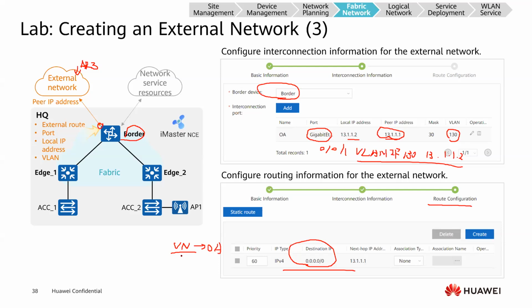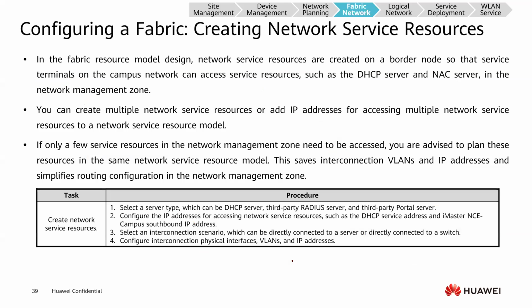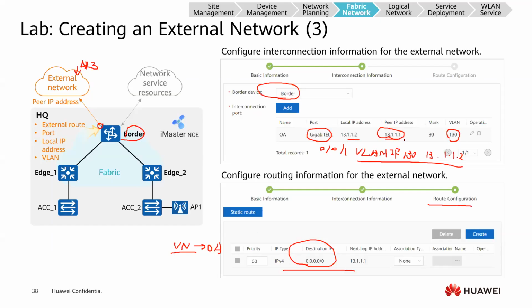And after the VN is created successfully, this route will then be delivered to the border. And then, based on this step, you need to create another external network for RD. The steps are the same, so we do not mention them again.